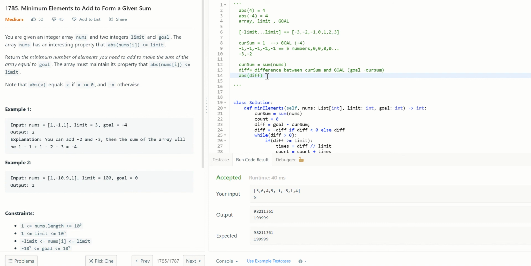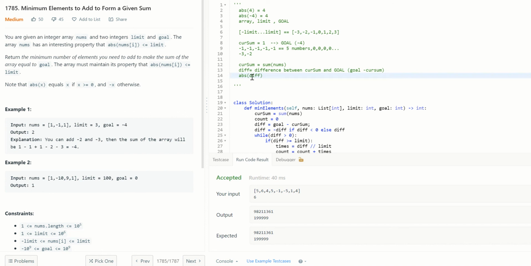So from the diff, keep on subtracting the maximum possible number. What is the maximum possible number here? It is limit, right? Only the limit is the maximum possible number. Although we are saying negative limit to positive limit is the range, what is the possible number for the maximum? It's only limit. So keep on subtracting the limit from the diff, right?